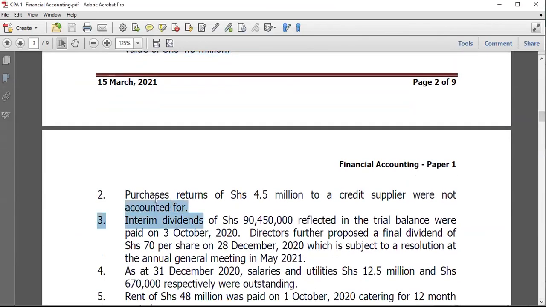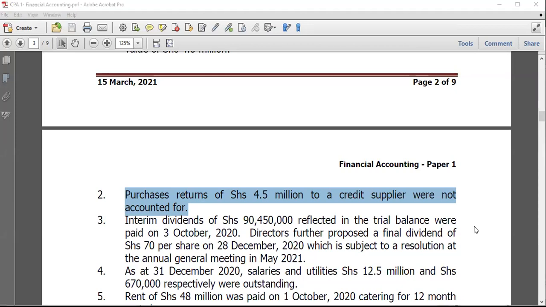So let's see something here. They're telling us that purchase returns of 4.5 to a credit supplier were not accounted for. Yours is to go back and ask yourself, if 4.5 was left out in terms of purchase returns, how would that affect me?